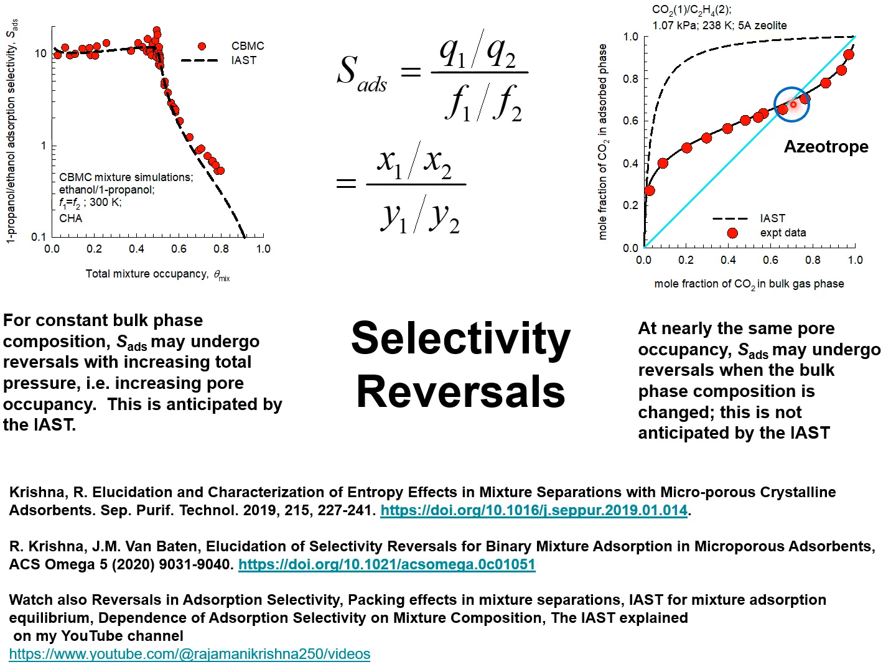And at this point we have Y1 equals X1, and that is the azeotrope composition.